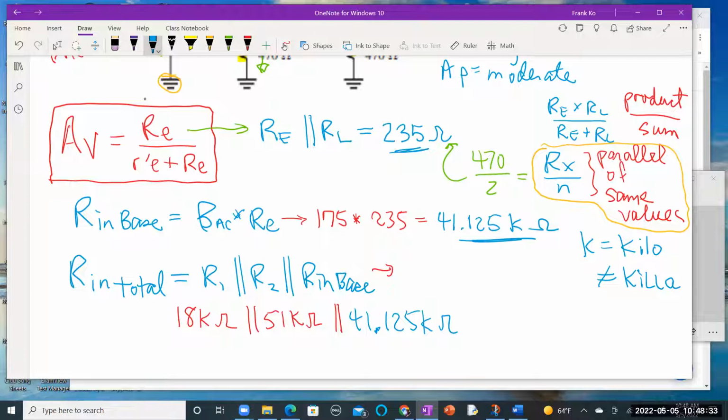Now, when you do this calculation, 18 reciprocal plus 51 reciprocal plus 41.125 reciprocal equals, what do you get?